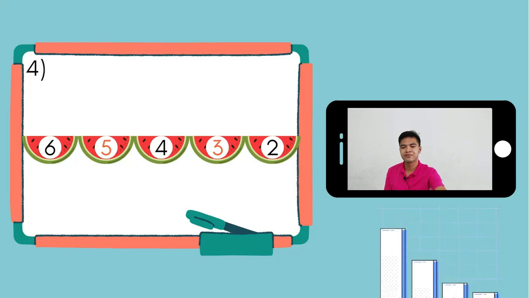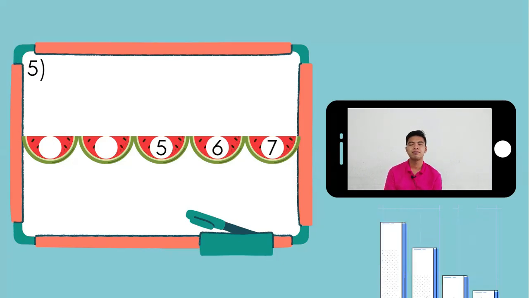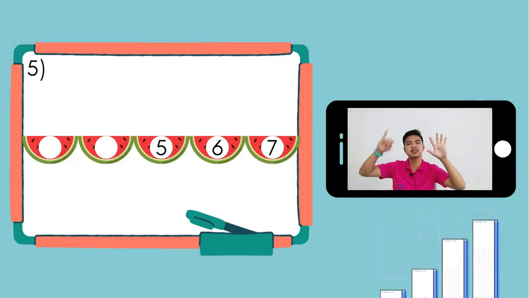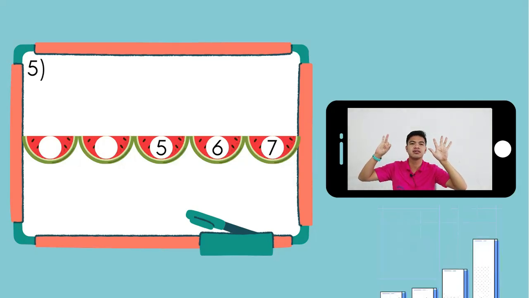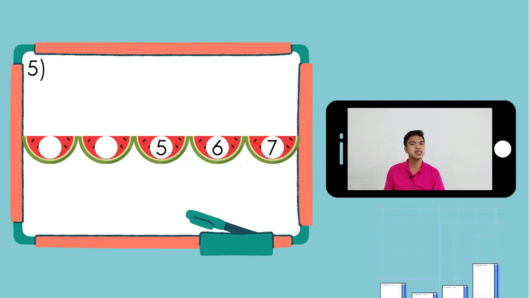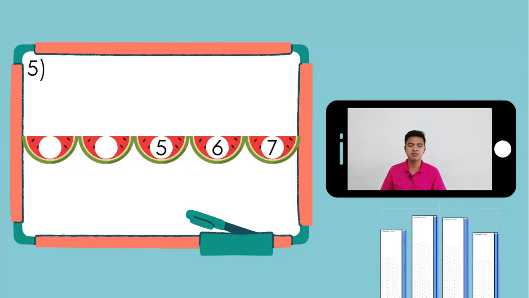Good job. So for the number 5, we have blank, blank, 5, 6, and then 7. So what do you think are the missing numbers? So let's find out. As we can see, it is going to be increasing. So they added 1 and 1 up to the end.